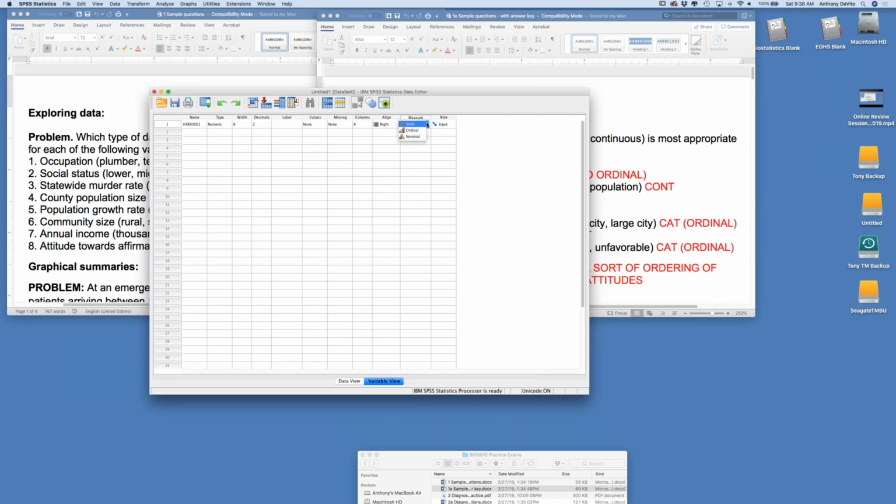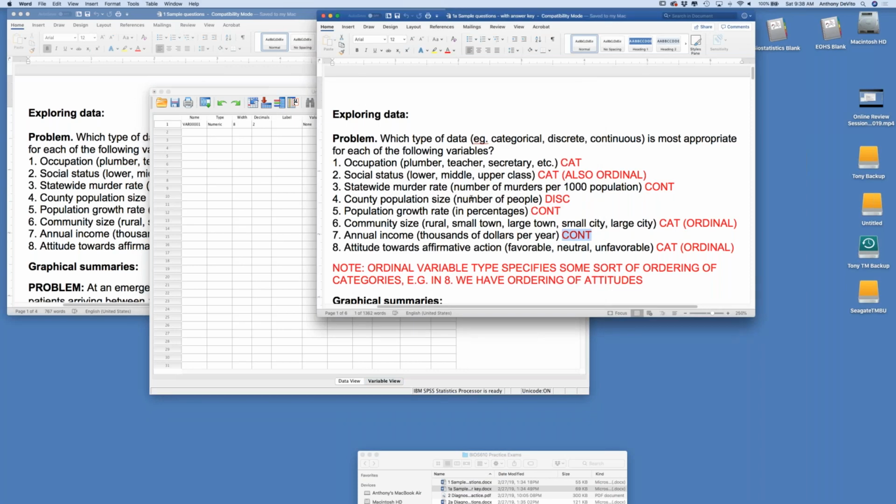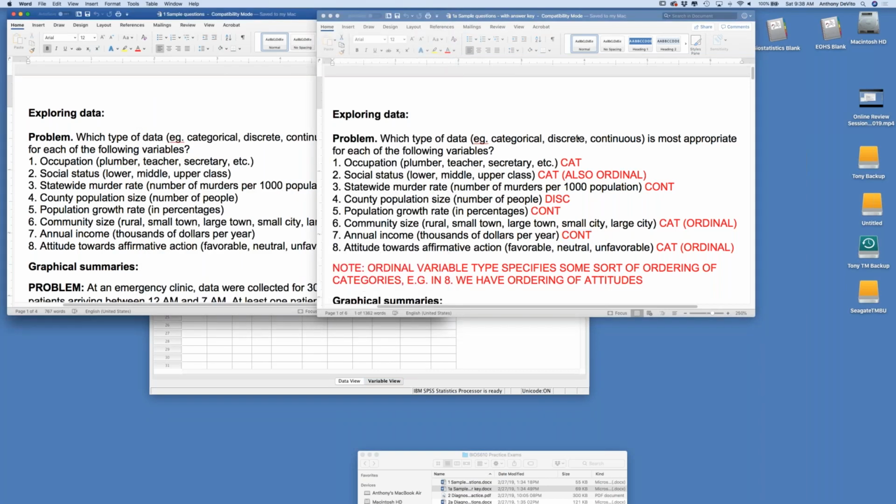Continuous, numerical. Let me start again. There are times that the words we use to describe variables may vary a bit depending on what software we're using, what we've grown accustomed to, and so on.